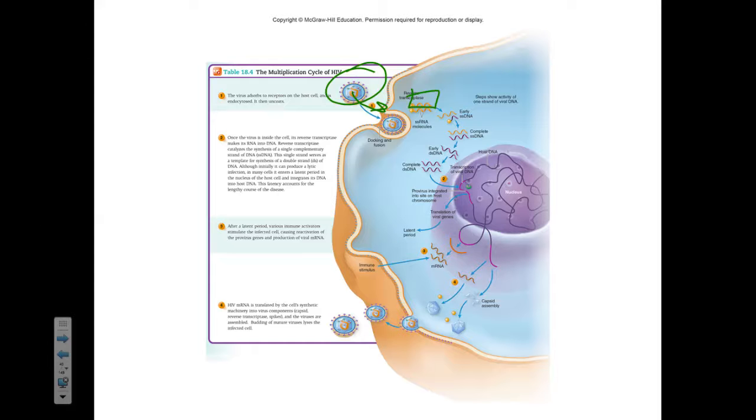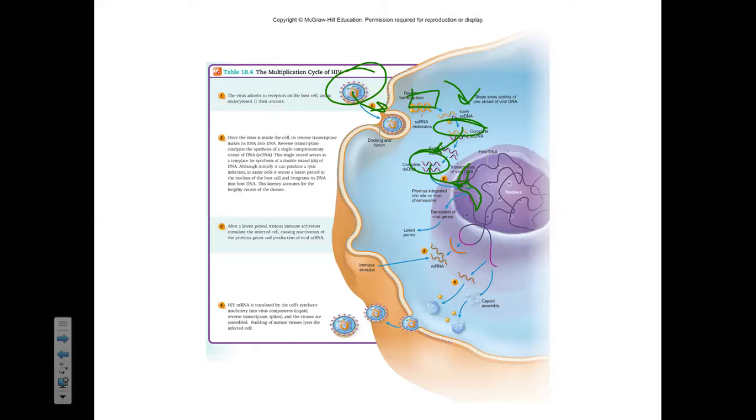Reverse transcriptase is then going to produce single-stranded DNA. That single-stranded DNA is then going to be completely matching, or base pairing, to the single-stranded RNA. That single-stranded DNA is then turned into double-stranded DNA.